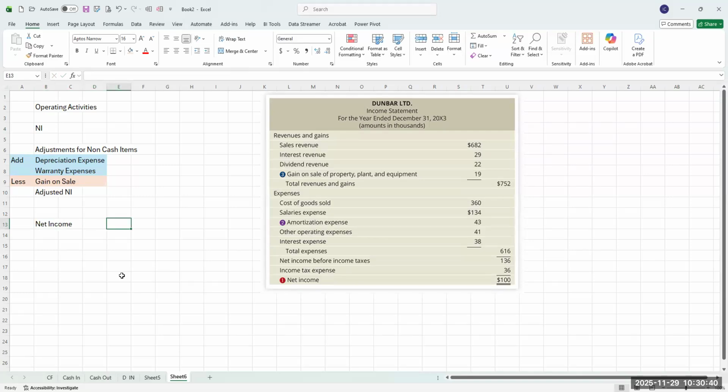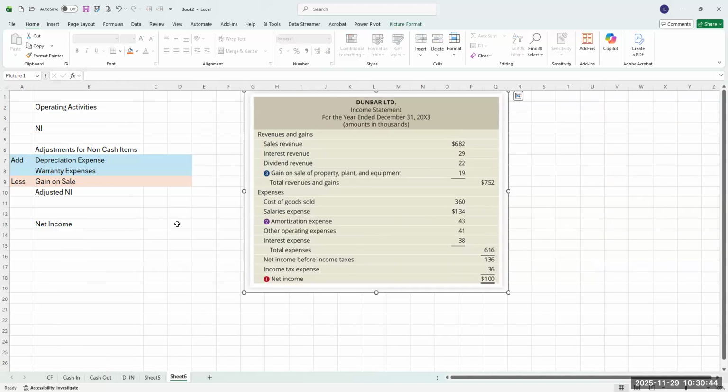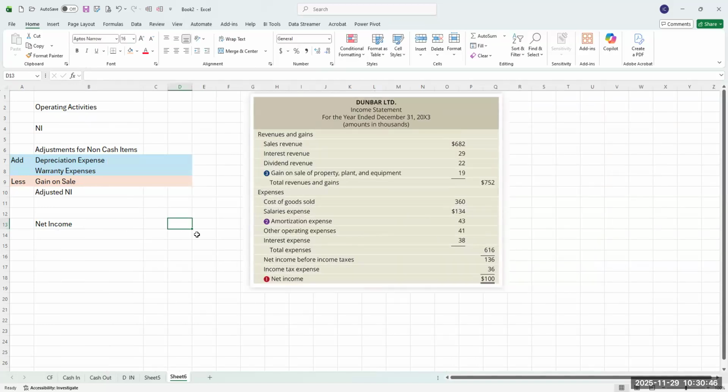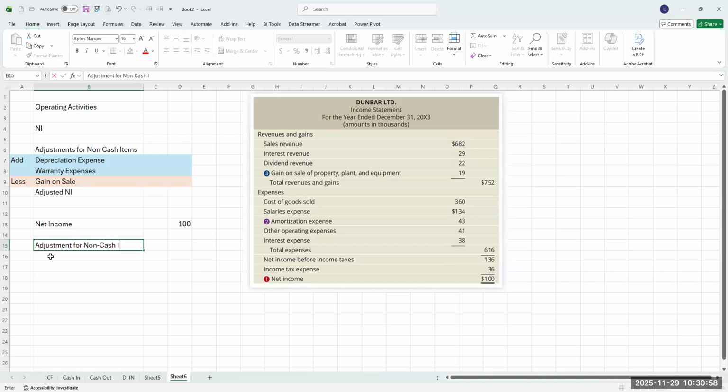We already know how much the net income is from the statement provided here on the picture. Our net income is $100. Then we have to make adjustment for non-cash items by adding them or deducting them.